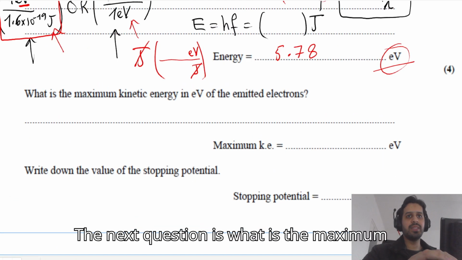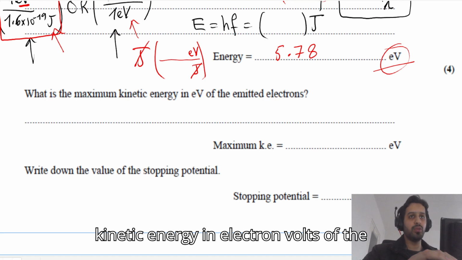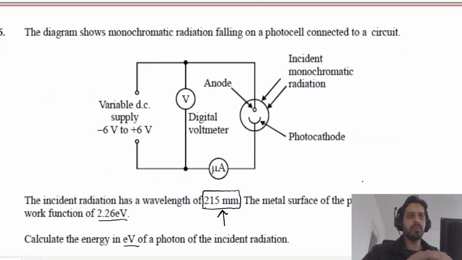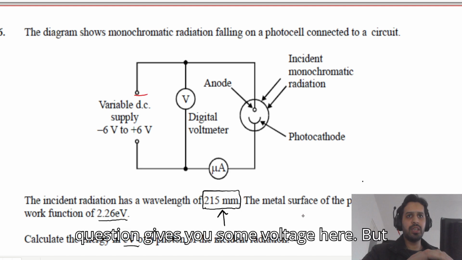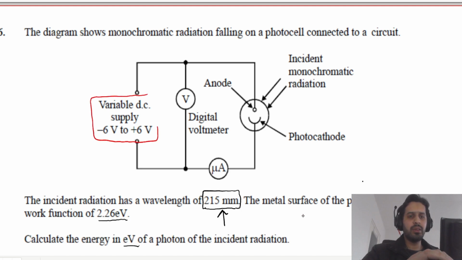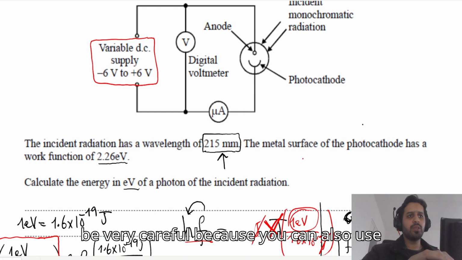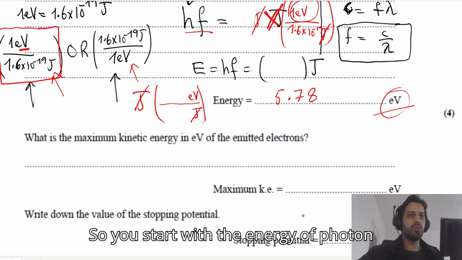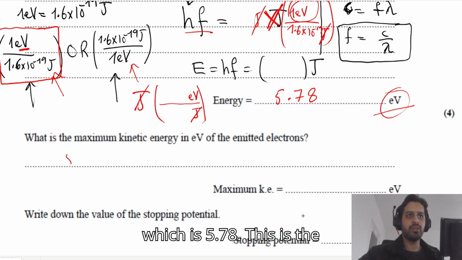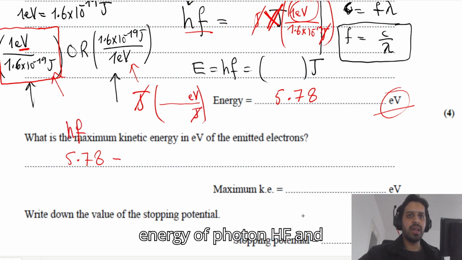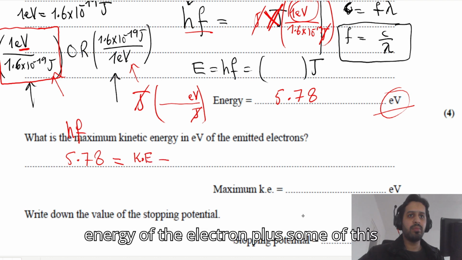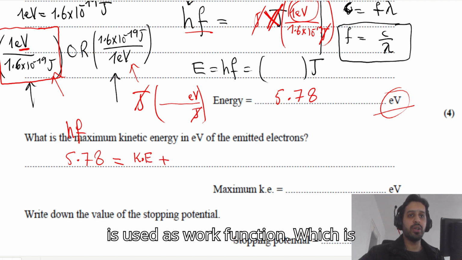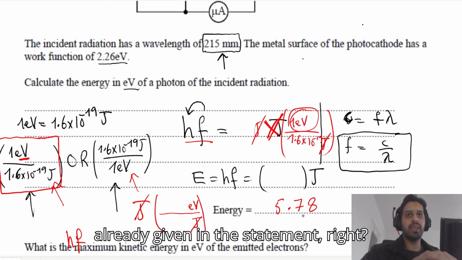The next question is, what is the maximum kinetic energy in electron volts of the emitted electrons? This question gives you some voltage here, but be very careful because you can also simply use conservation of energy to find maximum kinetic energy, right? So you start with the energy of the photon, which is 5.78. This is the energy of the photon, hf. And this energy is used as kinetic energy of the electron, plus some of this is used as work function, which is already given in the statement, right?